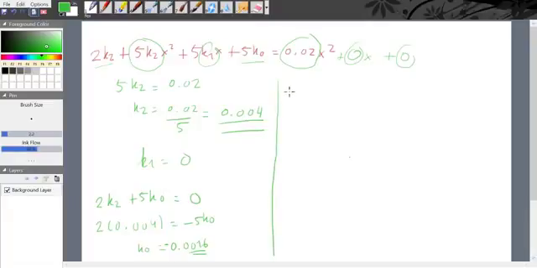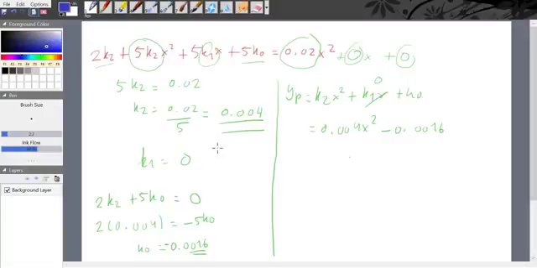So we're writing yp. We have yp is equal to k2x squared plus k1x plus k0. Since k1 is 0, we could cancel this part and write the coefficients of k2 and k0. k2 is 0.004x squared, plus k0, which is minus 0.0016. So we already accomplished yh and yp.